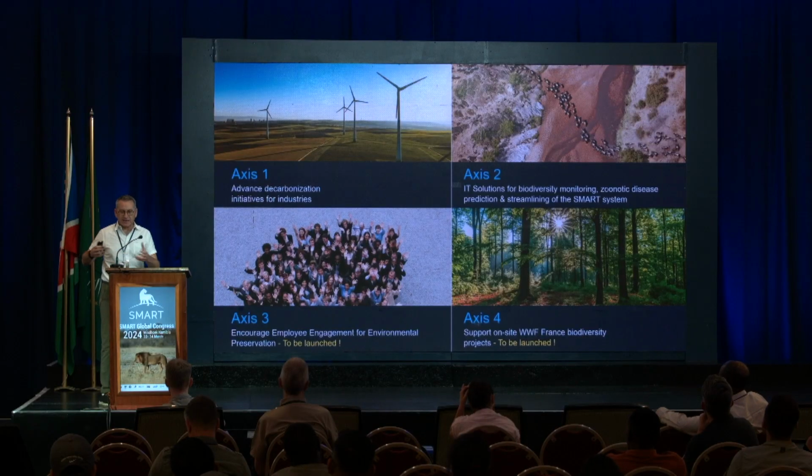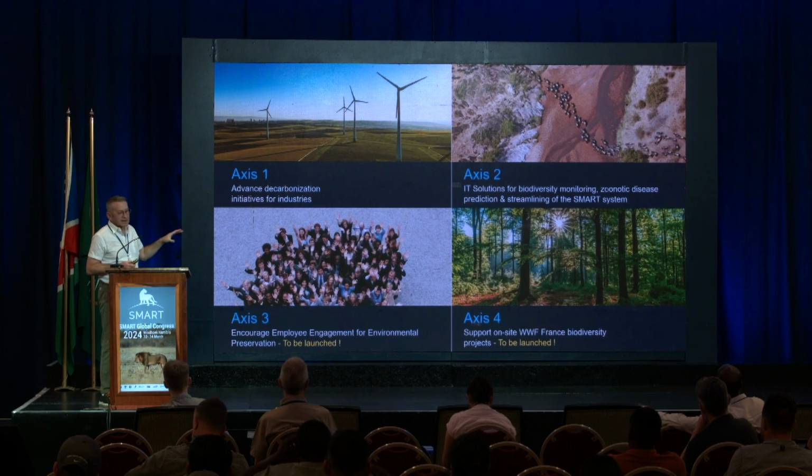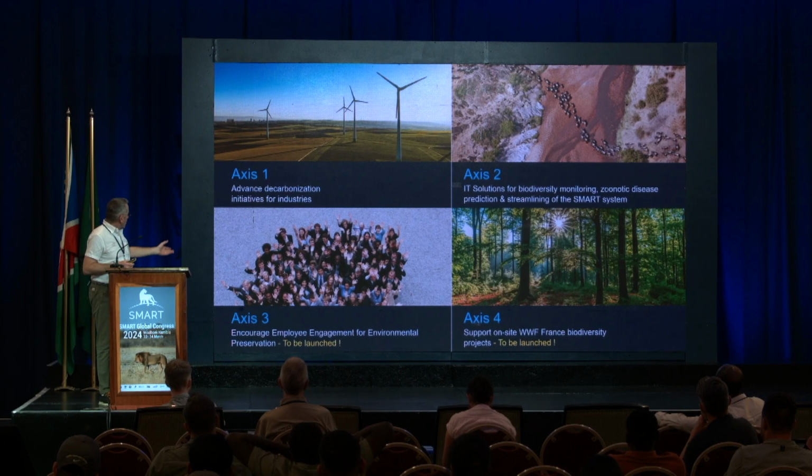So I've already stood on this stage and talked about one of my projects, but it fits into a program of work that we've set about doing. On the top left-hand side, some of my colleagues have been working with WWF to really begin to start asking questions industry by industry about how we can try and reduce the carbon footprint of industries. I'm going to talk a little bit about our Axis 2 projects.